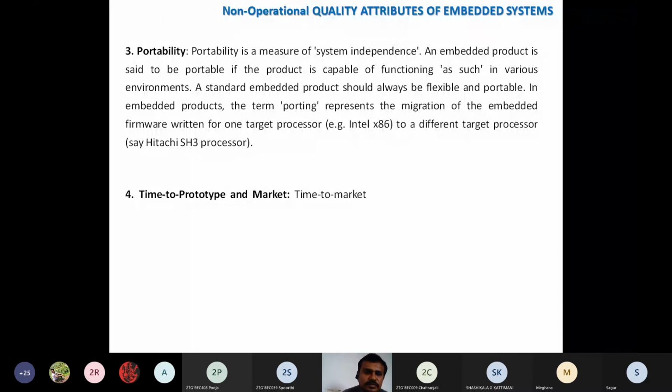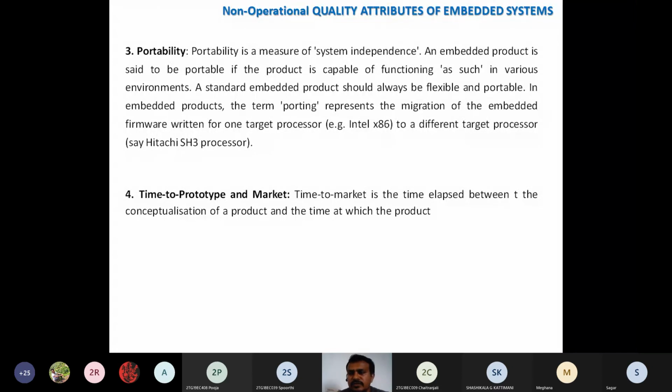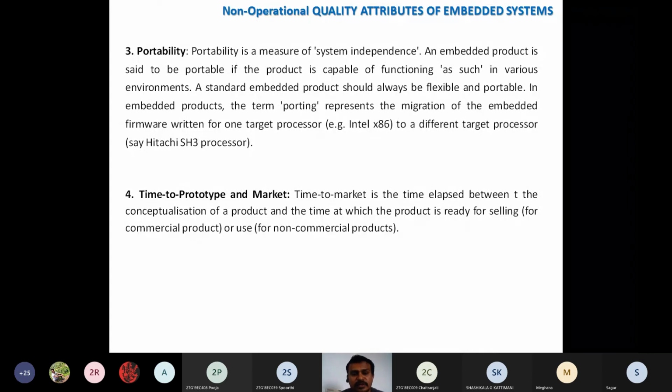Then comes time to prototype and time to market. It is also in the off mode. When the system is in the off mode, we are taking the measure of this non-operational quality attribute. That is time to prototype. Time to prototype is nothing but the idea. Yes, I got the idea.